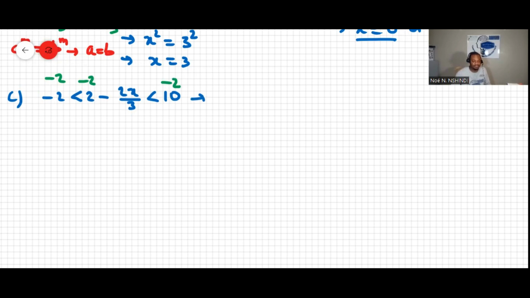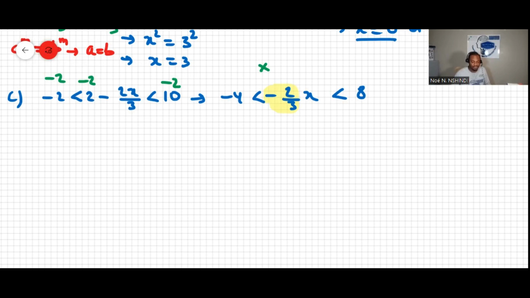Then this implies -4 less than -2/3 x less than 8. Now we want to get rid of this coefficient. So we must multiply by the inverse of the fraction. When you multiply by the inverse, it's going to be 1.